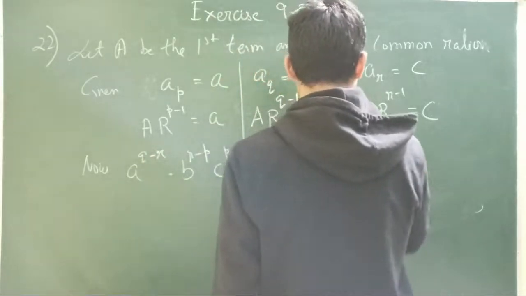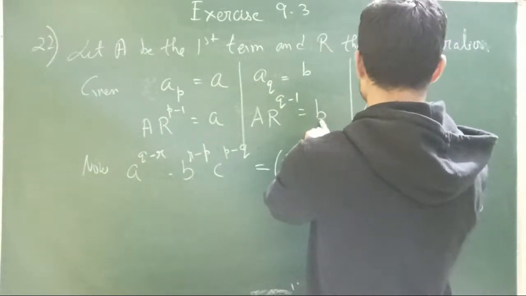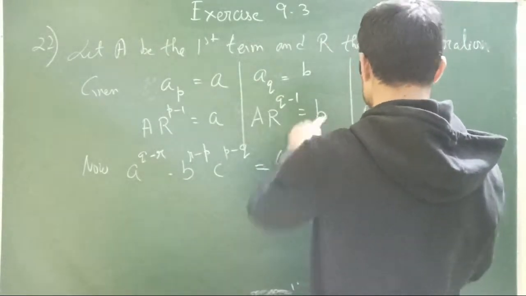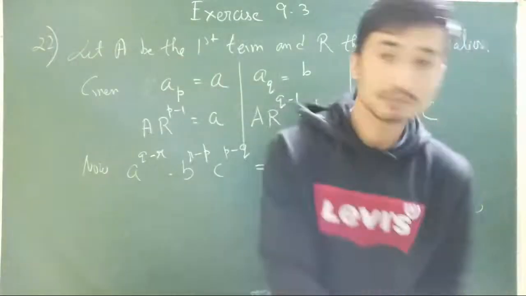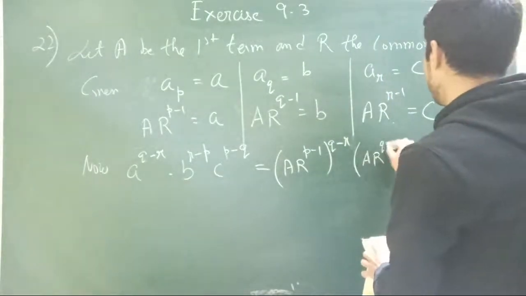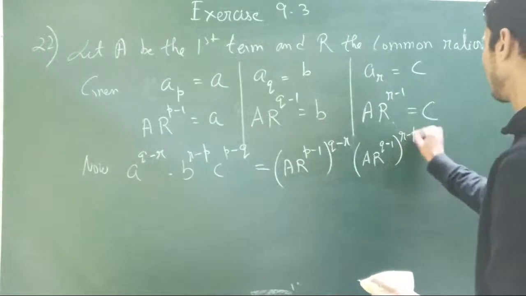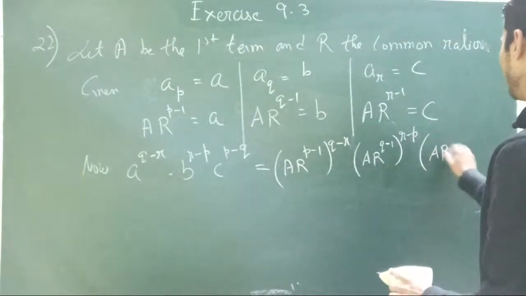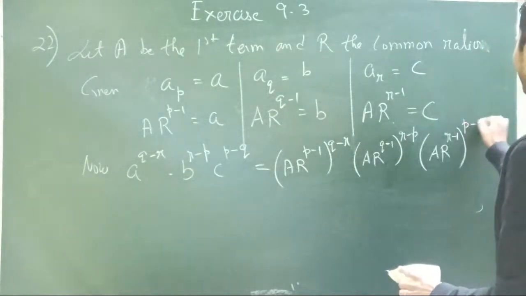The b value is A r^(q-1), to the power r minus p, and c is A r^(r-1), to the power p minus q.